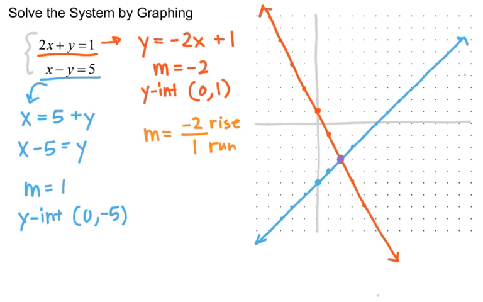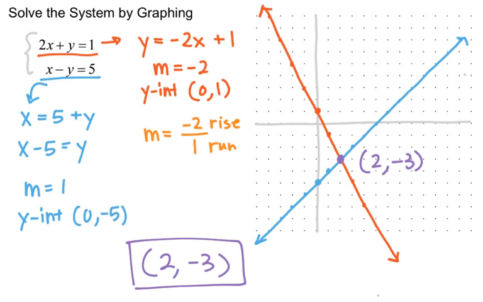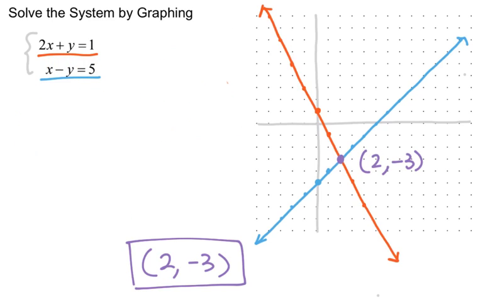That ordered pair is (2, negative 3). So (2, negative 3) is the one ordered pair that would give me a true statement in either of these equations. And we can check that. In my red equation, I've got 2 times 2 minus 3 equals 1, or 4 minus 3 equals 1.